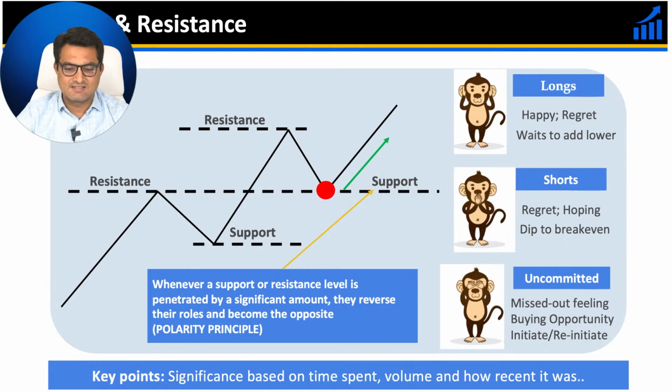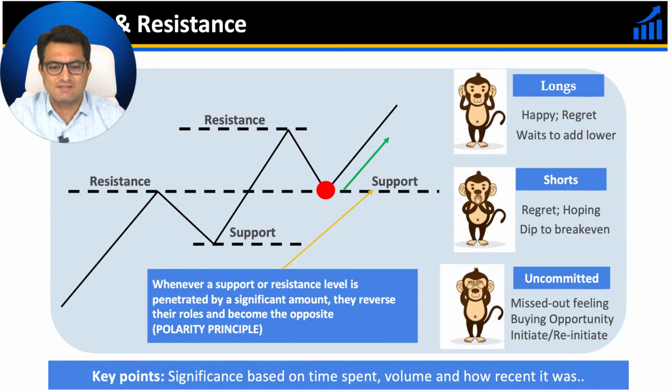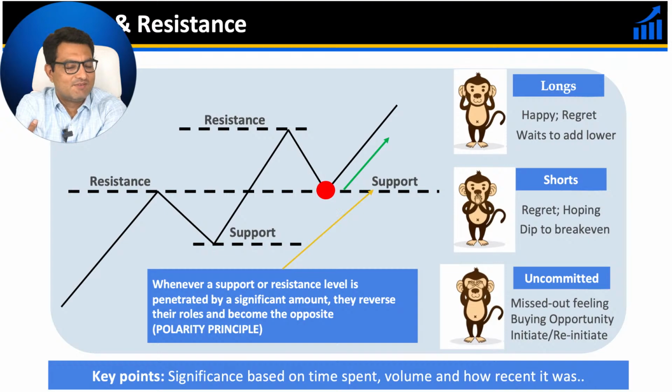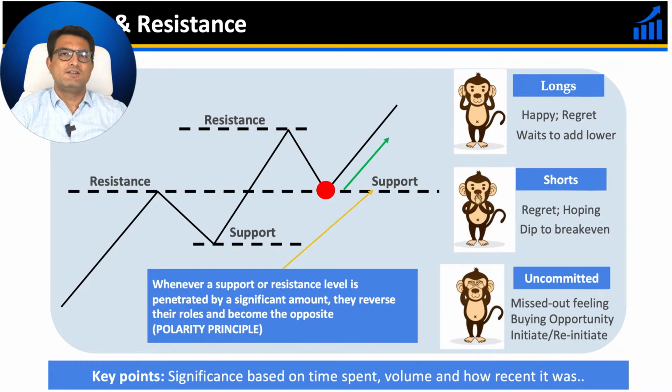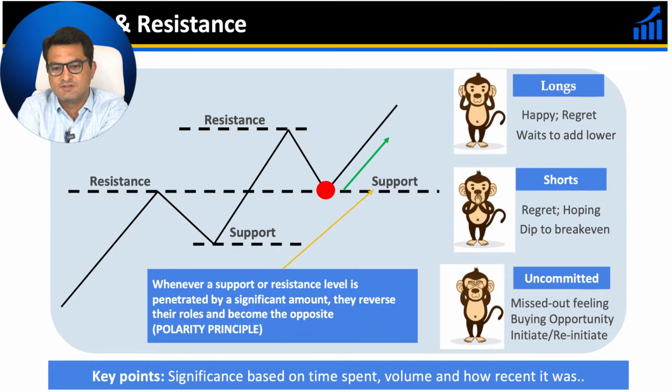Now let's take this example of bandar, monkeys. First, let's say that there are three bandar. Gandhi ji ke three bandar. It is my favorite example which I keep giving. The first bandar is a long bandar, as in a bullish bandar, and assume that he entered at any price, say he entered at 100 rupees.